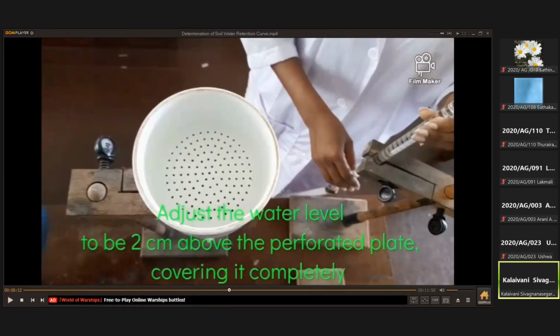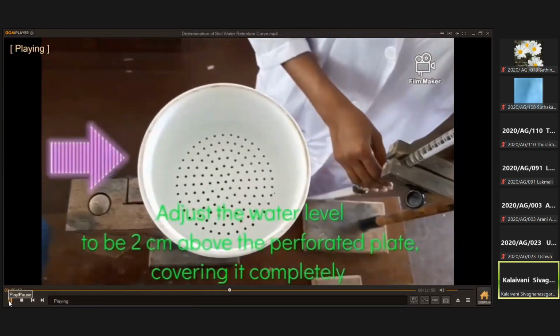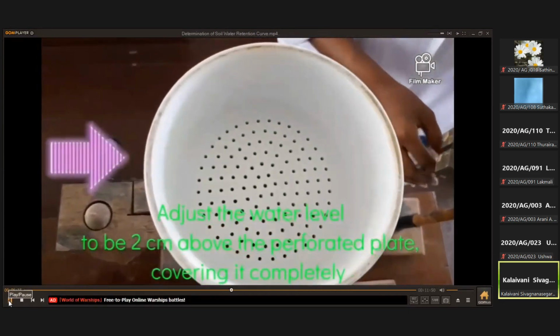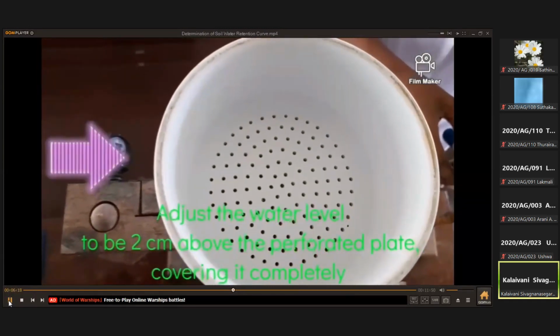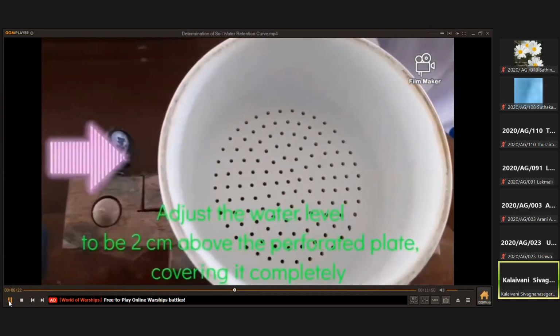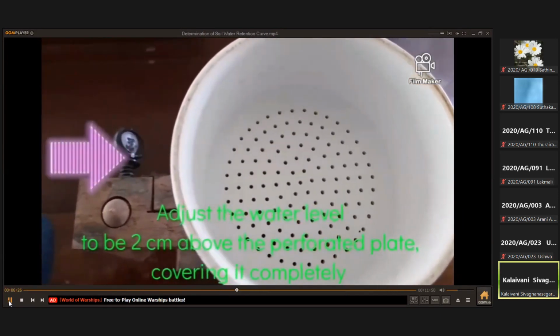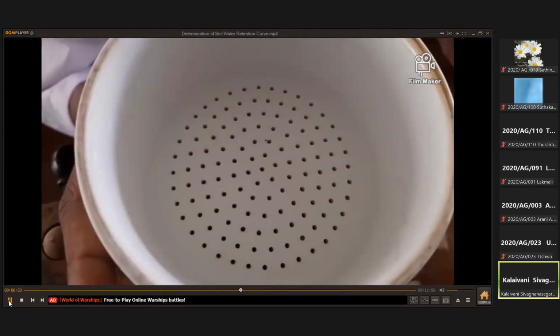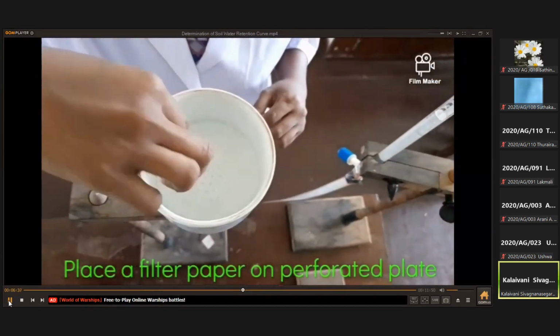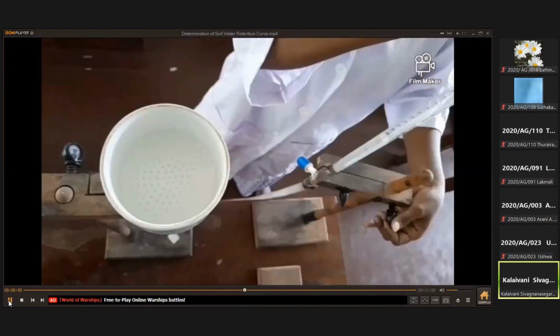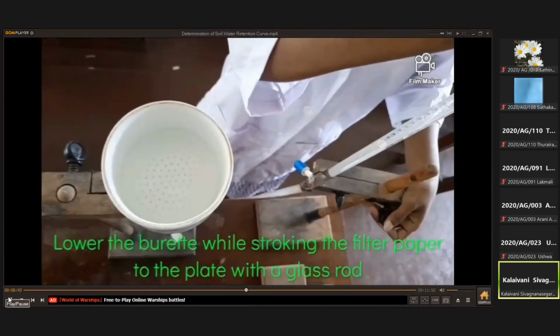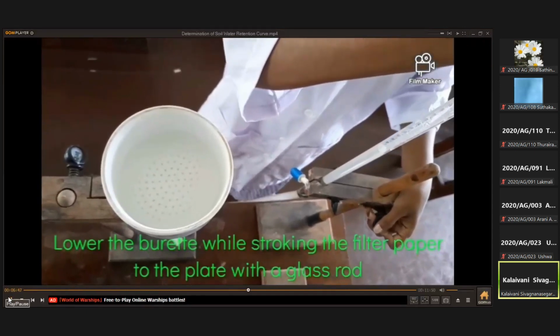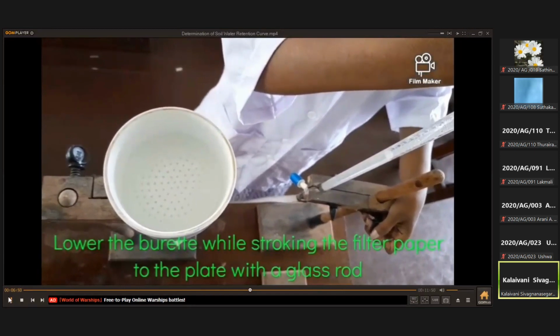Likewise, you have to set up the hanging water column.